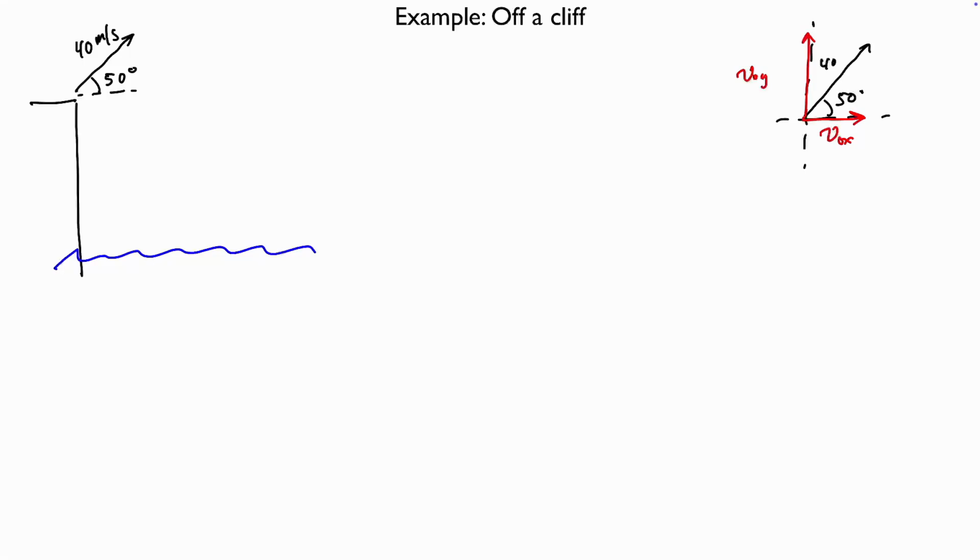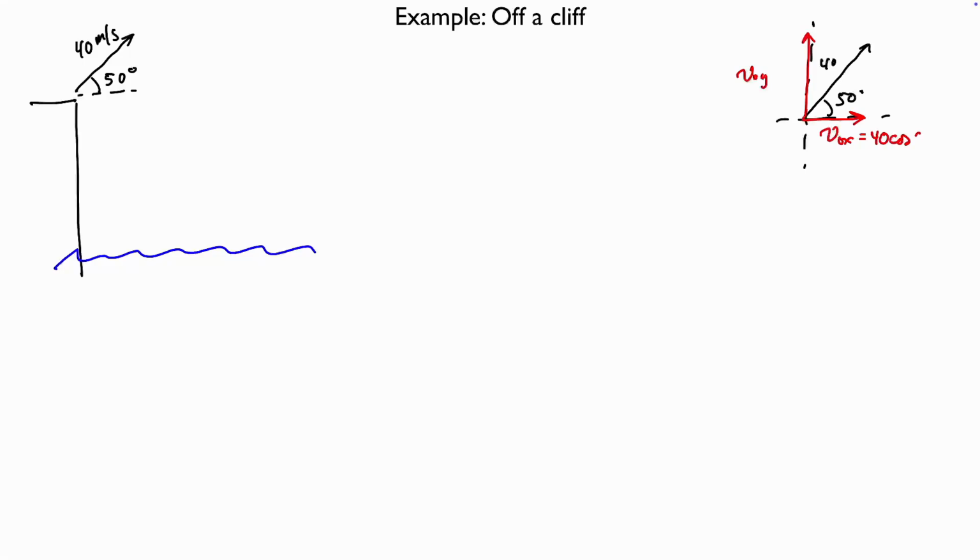What is v naught x going to be? 40 cosine 50. How'd you do that? I told you how. Is v naught x touching the 50-degree angle? Yes or no? Yes. So it's going to be cosine, right? What do we put in front of the cosine?